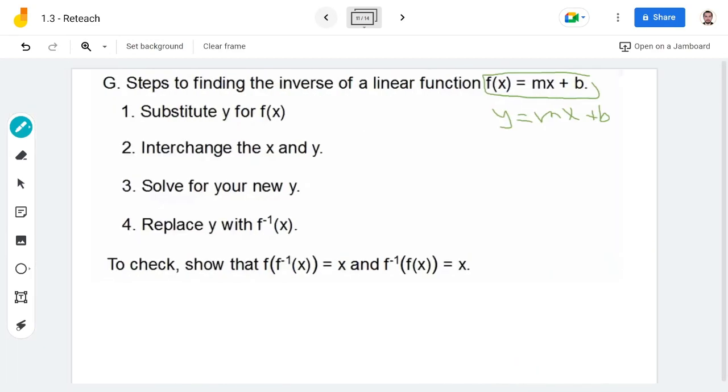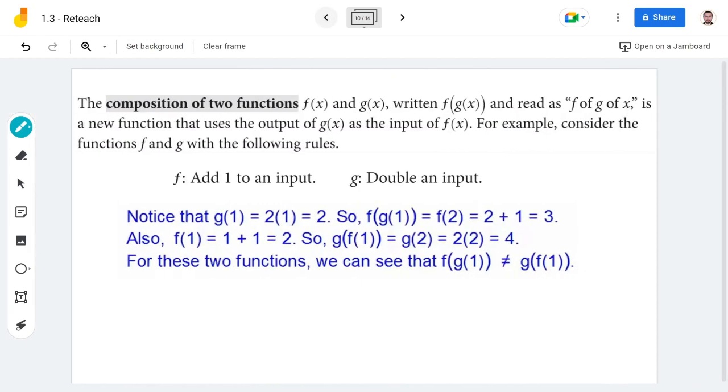So that's what I explained here, which is the composition of functions. In composition of functions, we are inserting a function inside a function, meaning f of x and g of x. This is a function, this is another function, written as f of g of x. We can read it as f of g of x is a new function that uses the output of g of x as the input of x.